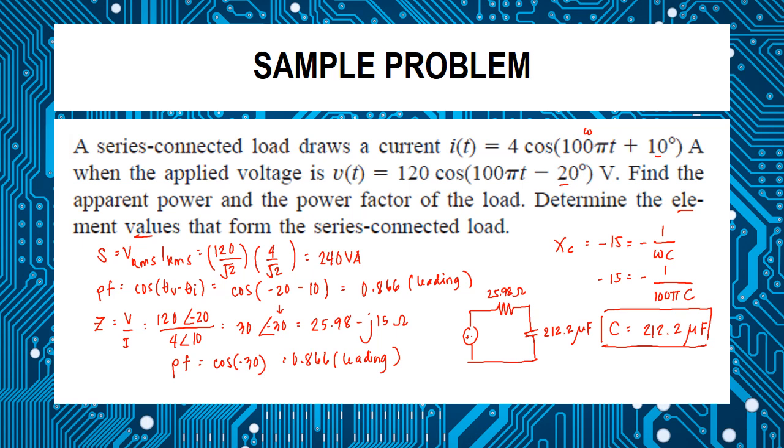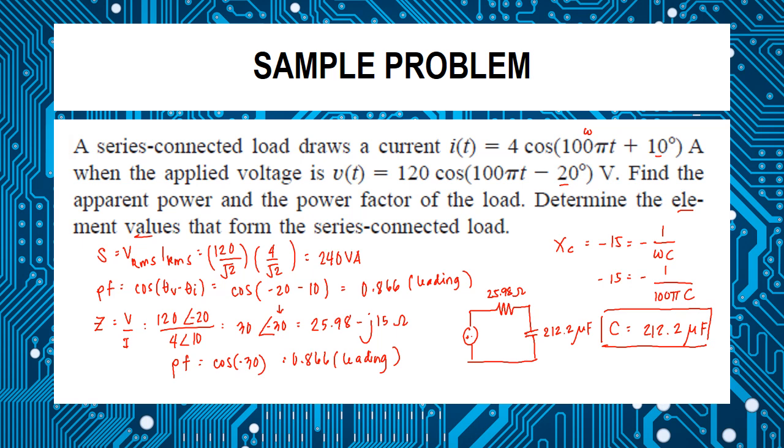So computing for the PF, cosine of negative 30, since this is the power factor angle, that's also equal to 0.866. So whichever you choose to get the power factor, it will still be the same answer, 0.866.